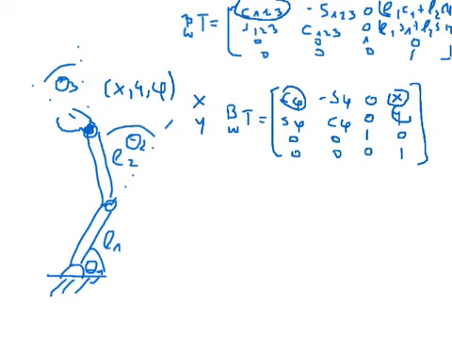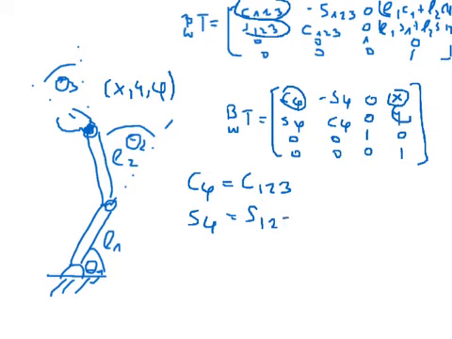So we can actually write that down. We can write down cosine of phi is cosine of theta 1 plus theta 2 plus theta 3. Similarly, sine of phi is, where is the entry here? Sine of theta 1 plus theta 2 plus theta 3.